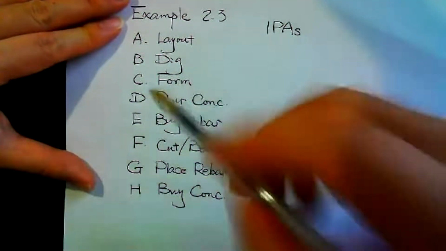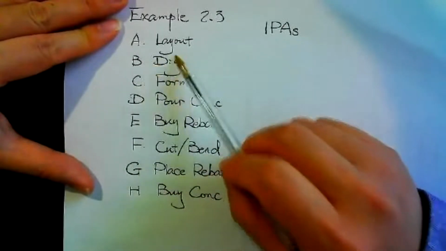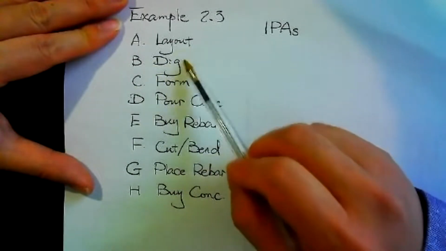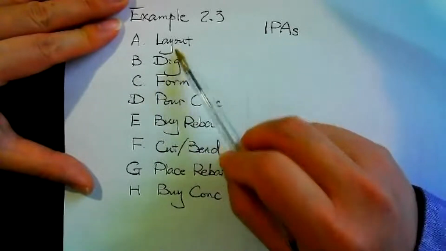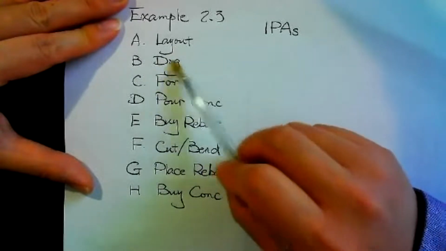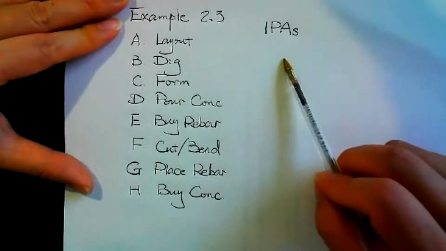So for example, if I want to dig a foundation, I have to know where the location is. So the layout is immediately before dig. So B's IPA then is A.